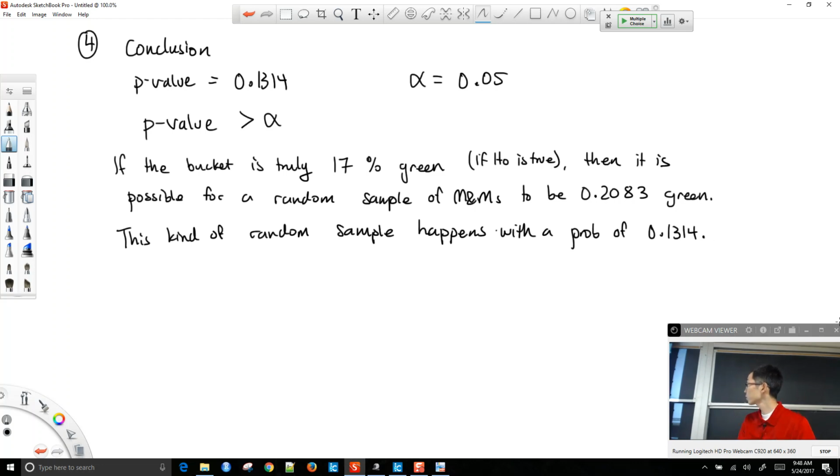This would be an indication that what we observed is not very different from what we expected. What we observed, or the reality, is not starkly different from what we expected.